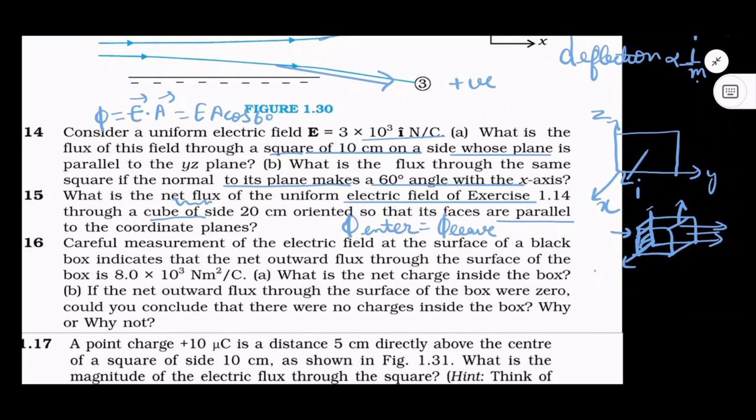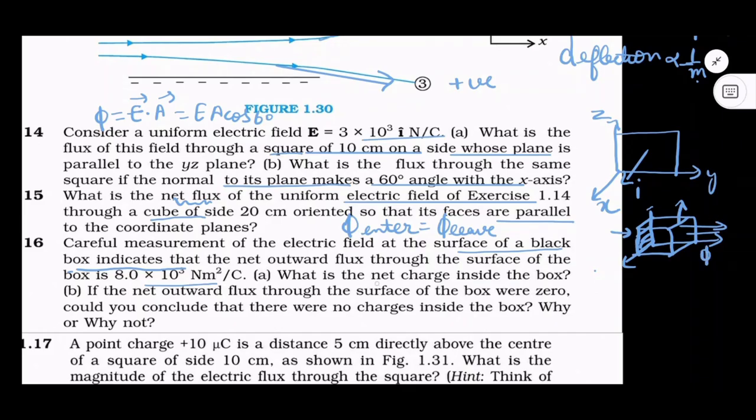Moving to the next question, the question says: careful measurement of the electric field at the surface of a black box indicates that the net outward flux through the surface of the box is a given value. So we have a black box, and through the box the outward flux is given as phi.